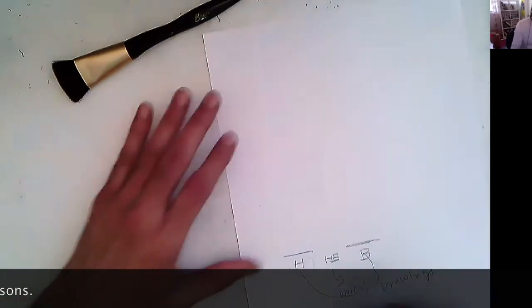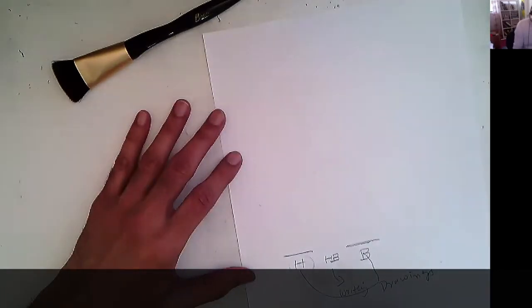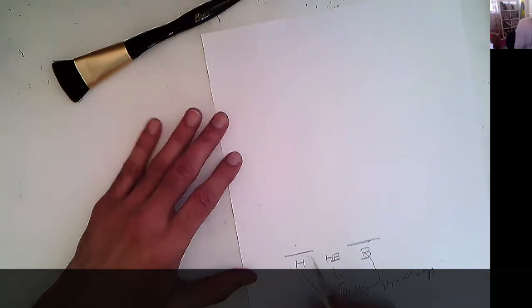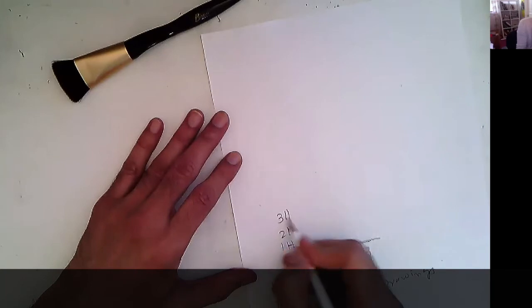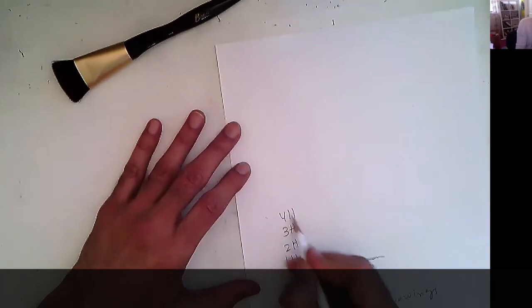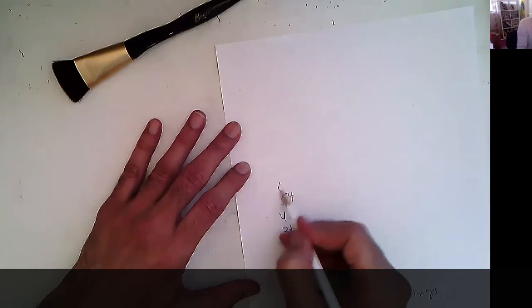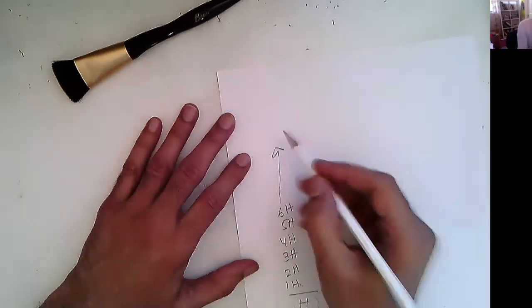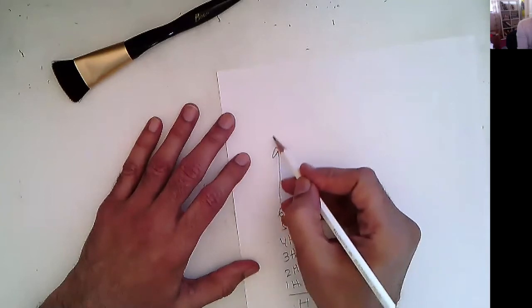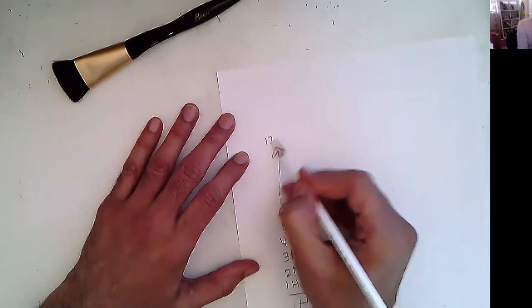What is the difference between H and B pencils? In H pencils, there are many different types. I have seen 1H, 2H, 3H, 4H, 5H, 6H, and so on, up to about 10 or 12H.